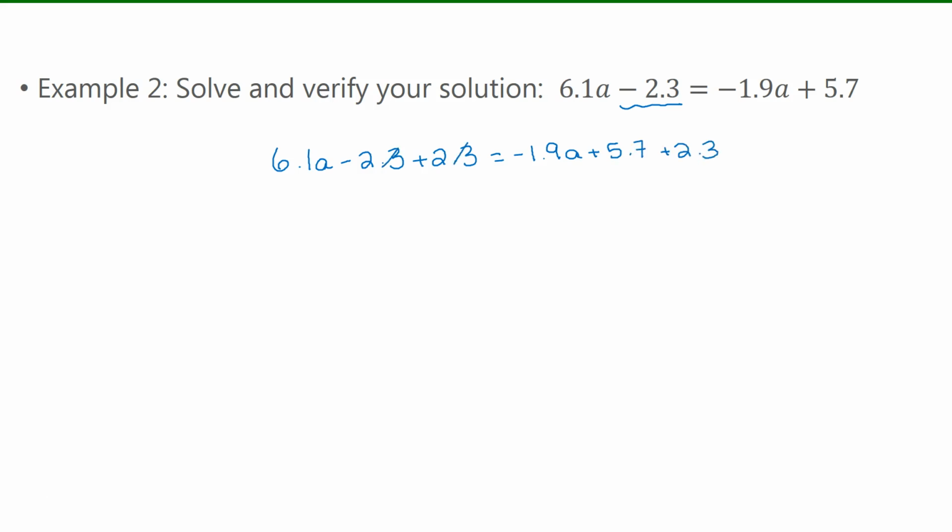So they cancel, leaving me with 6.1a on the left and negative 1.9a plus 8 on the right. Now, since I'm gathering my variables on the left, I need to add 1.9a to both sides.